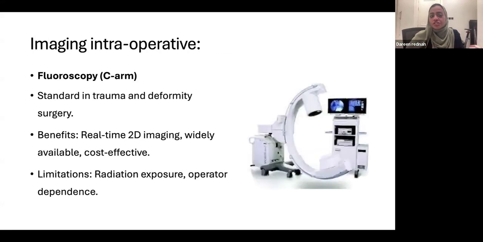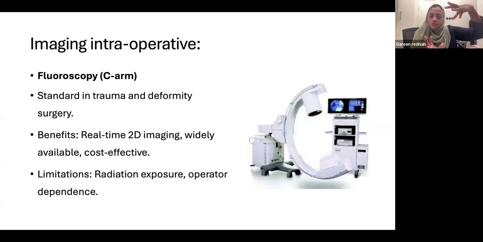First, intraoperative imaging, the famous one, the C-arm, fluoroscopy. It's a standard in trauma and deformity surgery. It gives us 2D images, widely available and cost effective. The problem with the C-arm is the radiation exposure and its operator dependence. What does operator dependence mean?